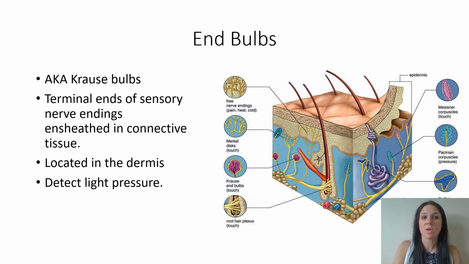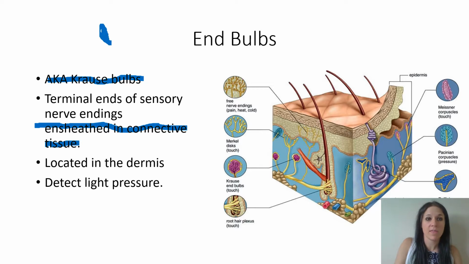Okay, so starting with end bulbs or Krause bulbs. Okay, so here, right, this is our first encapsulated receptor. Okay, so the terminal ending is just going to be wrapped in connective tissue. So if we have the ending, it's going to be wrapped up in protective connective tissue.